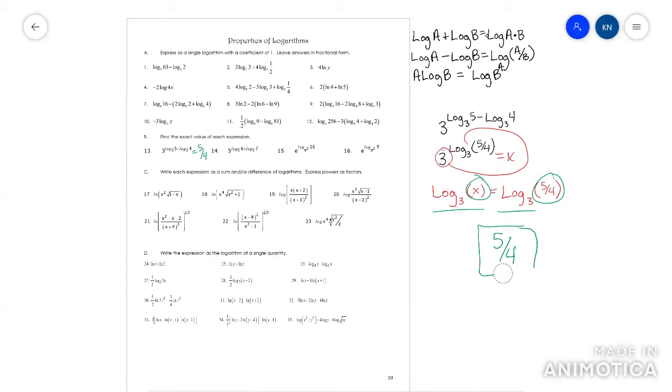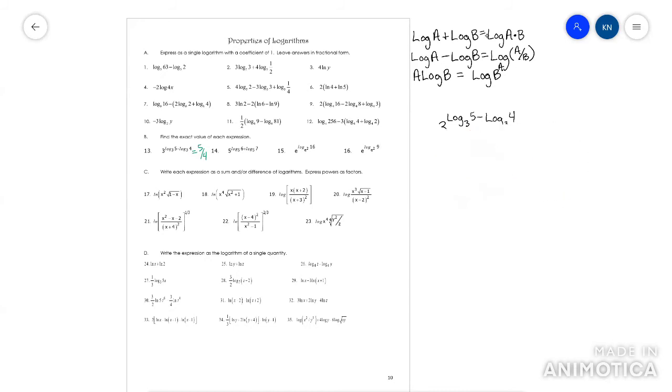Now 15 is a little trickier. And so it would look like this. I'm on 15 here. E to the log of e squared of 16. Okay, well, you're ready to go ahead and snail and convert it. So imagine it equals x and then do the snail.